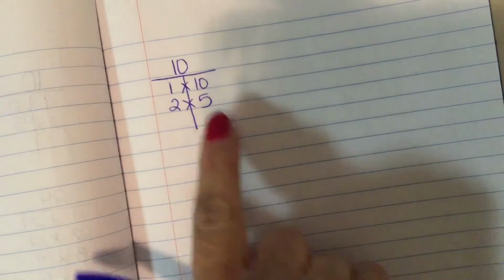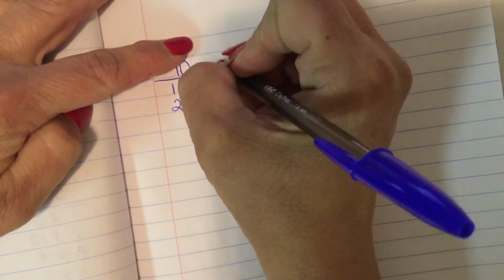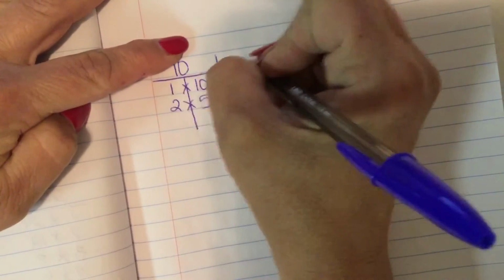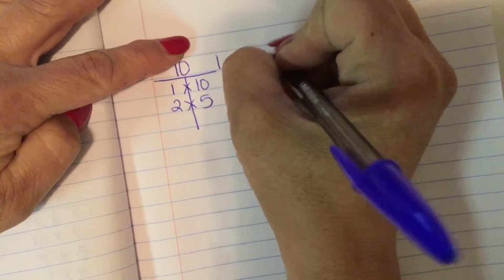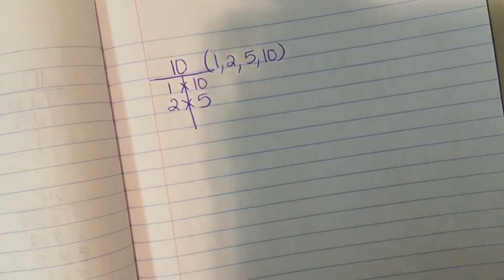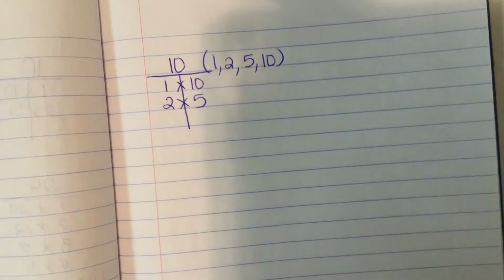And then I think, okay, 3. 3 times nothing equals 10. 4 times nothing equals 10. 5 times 2 equals 10, but I already have 5 and 2. So I'm finished. I've listed all my factors. 1, 2, 5, and 10 are all the factors for 10.